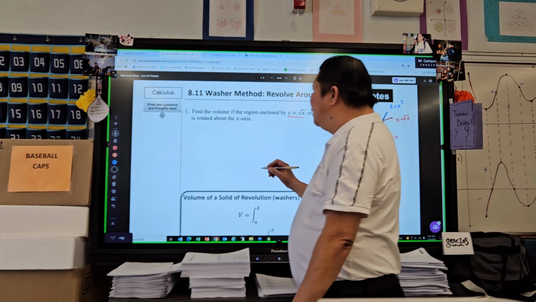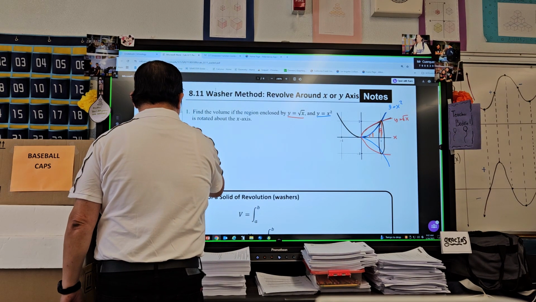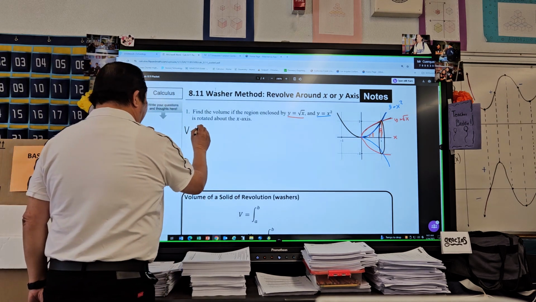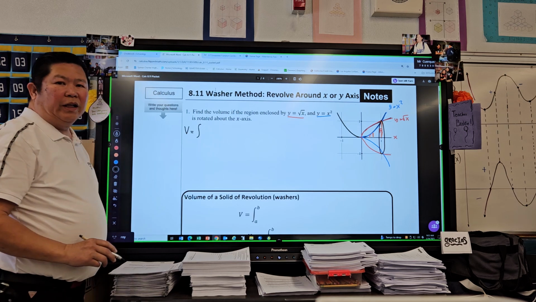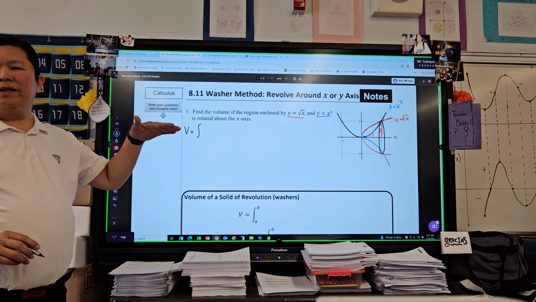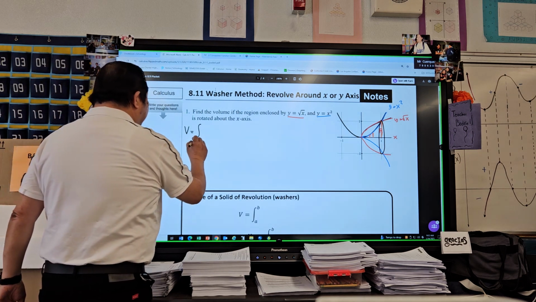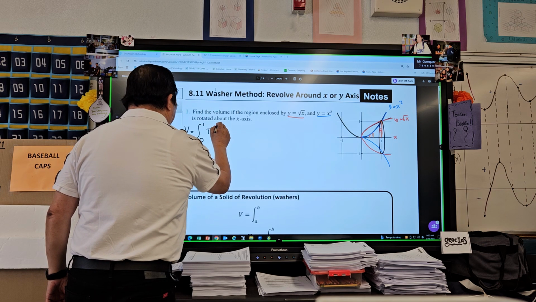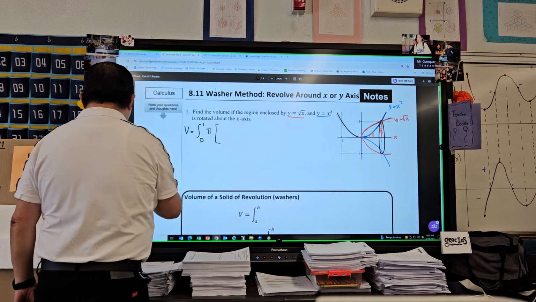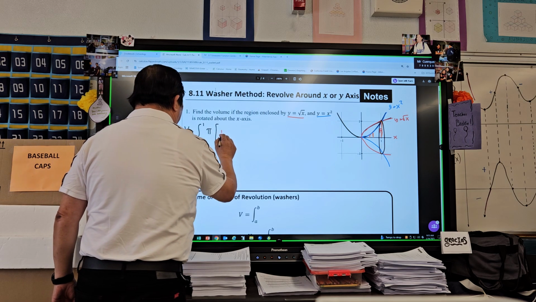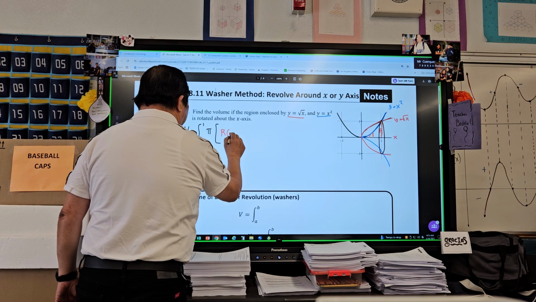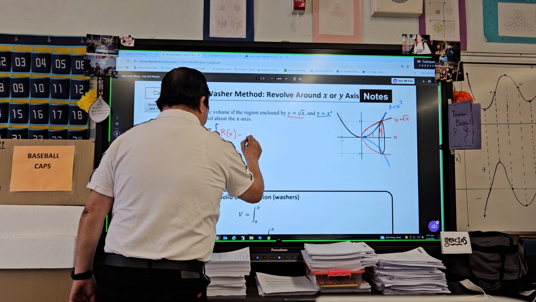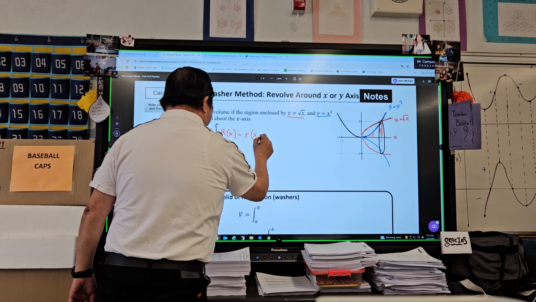So therefore, we're gonna have volume equal to the integral from, what is the limit along the x-axis? 0 to 1. And then pi, and then you have the R of x minus r of x.